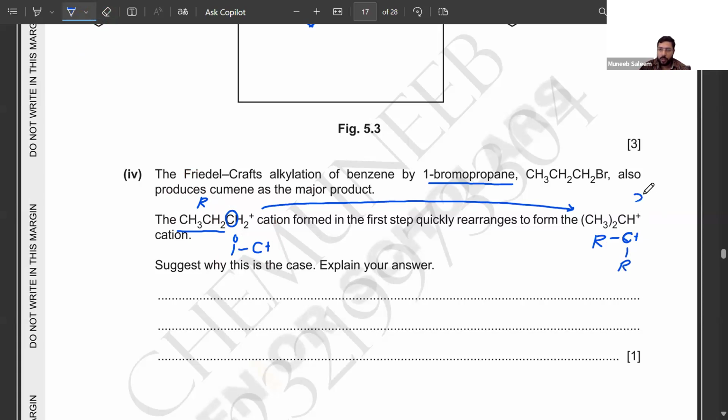So this is the secondary carbocation. We know that a secondary carbocation is more stable than a primary carbocation. So I can write that (CH3)2CH positive is more stable, due to greater positive inductive effect.